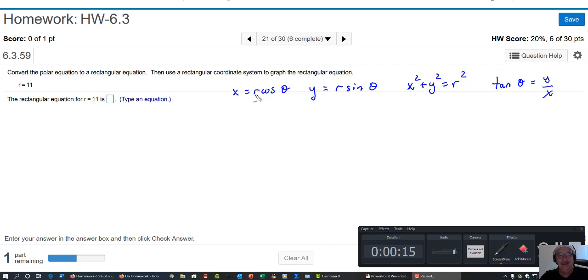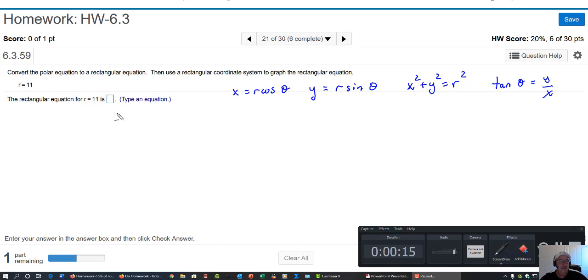Well, I could say that this has got an r in it. r would be x over cosine theta, but then I still have the cosine of theta in there. It's not in terms of x and y. Same for this one, I could solve for r. This one, oh, if only I had an r squared, then I could do something with that one. And then this one, I really don't think it's going to help us.